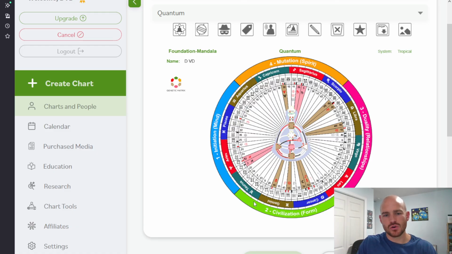There's different quarters for each spot on the chart. But ultimately, we have our traditional astrological wheel, Western astrology here. It goes around, starting with Aries, finishing with Pisces, rotating counterclockwise here. We have our I Ching.